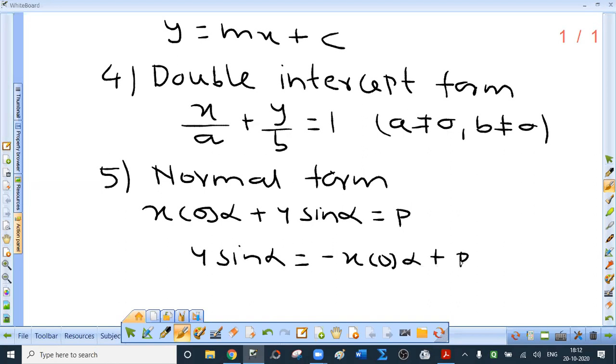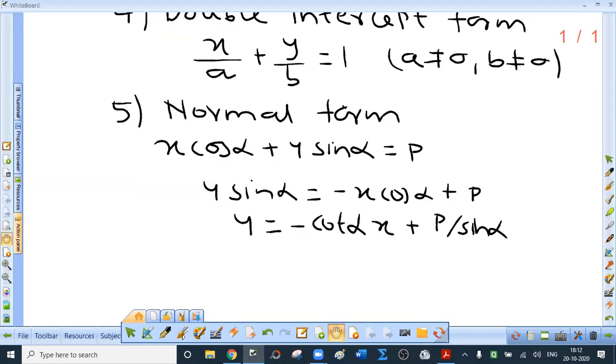So y equal to what? Minus cos by sin is cot, minus cot alpha into x plus p upon sin alpha. Now compare this with y equal to mx plus c. So what is coefficient of x? That is m, which is minus cot alpha. If alpha were the inclination, slope would have been tan alpha, right? But as slope is minus cot alpha, clearly alpha is not the inclination of this line.